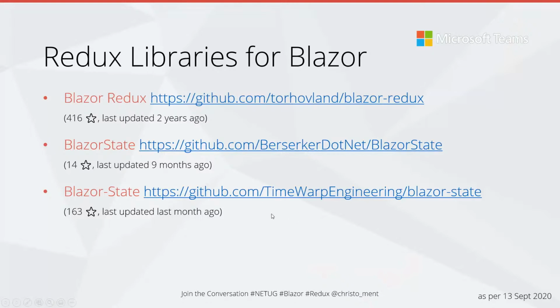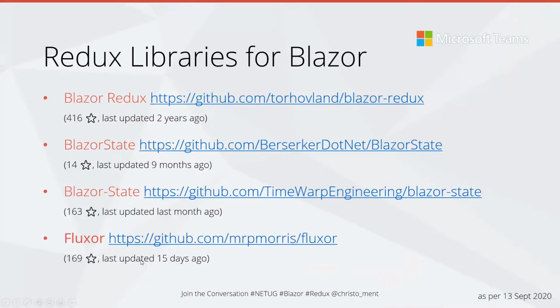One more fun fact about this one: they made the dispatcher follow Mediator. So if any of you is a fan of Mediator, you might want to try this library because it's using Mediator under the hood. And lastly, my favorite is called Fluxor. It has 169 stars, and it was last updated 15 days ago, as of 13 September 2020.